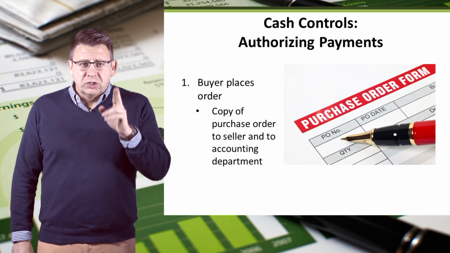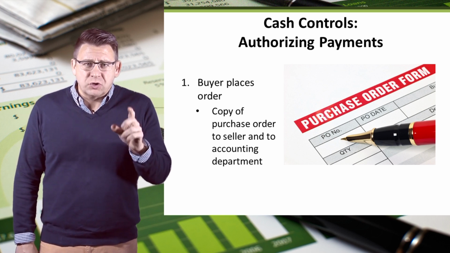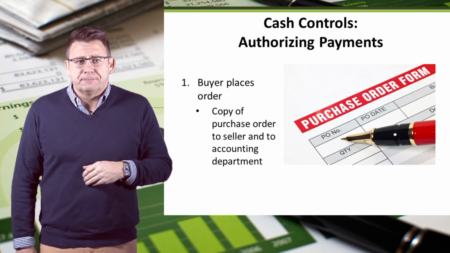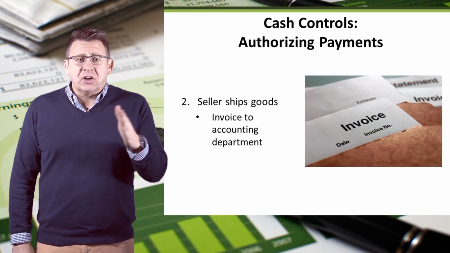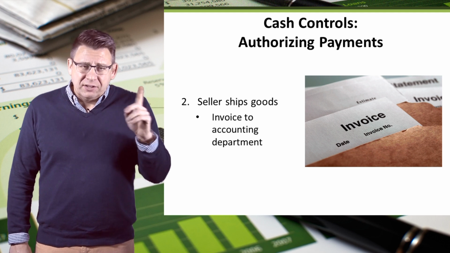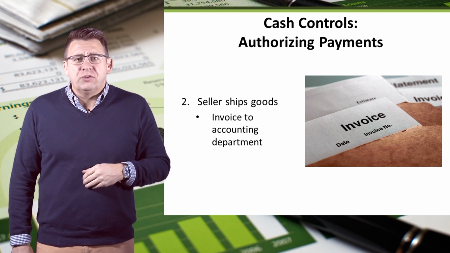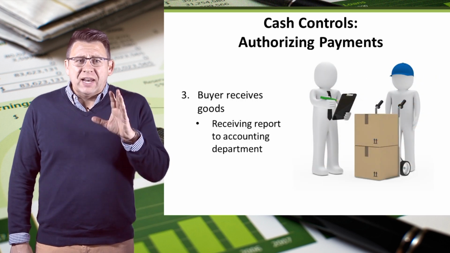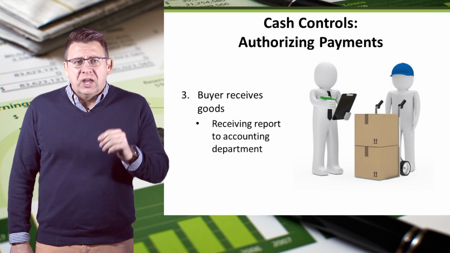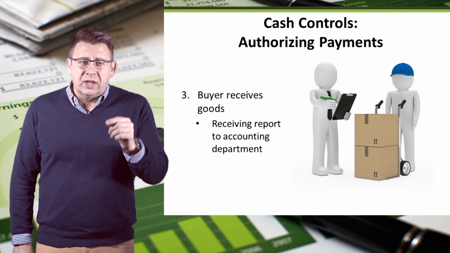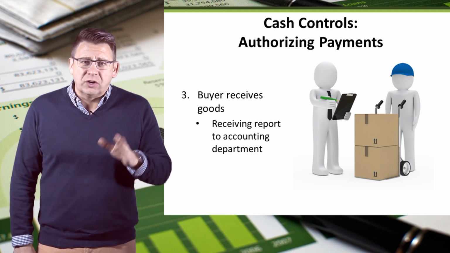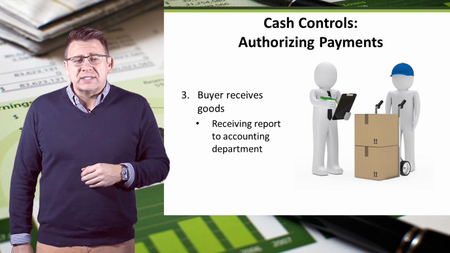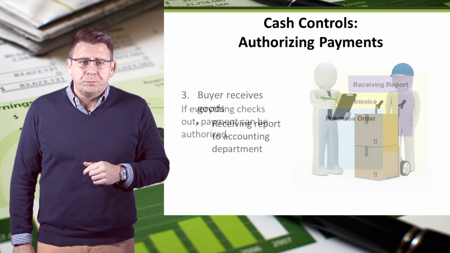The purchase order should include the numbers of the items ordered and quoted prices. The seller then ships goods to the buyer and sends an invoice to the accounting department of the buying company. Once the items are received by a buyer, a receiving report is prepared detailing the items received and quantities. This report is also sent to the accounting department.